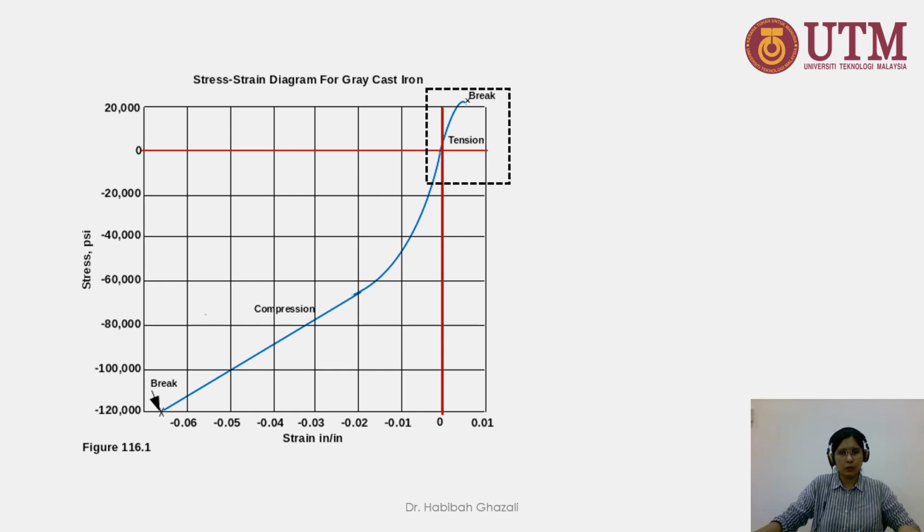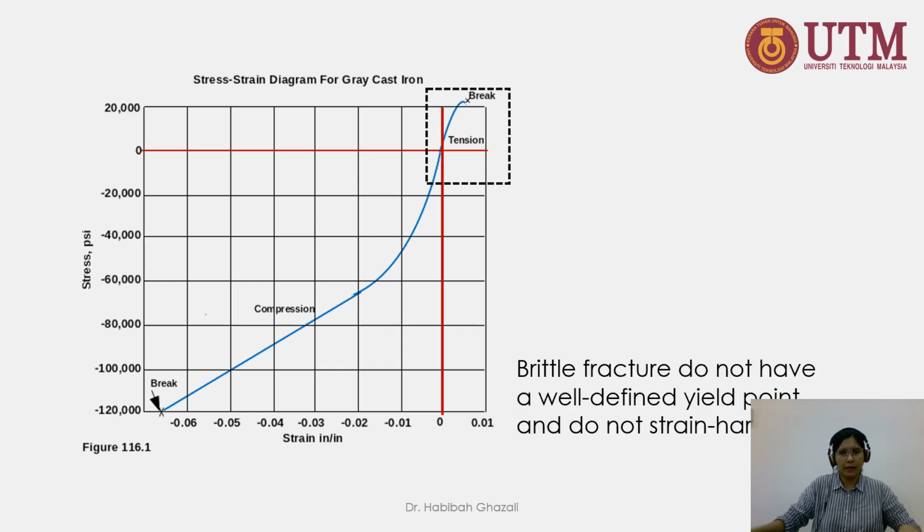When we load these materials in tension, they will not have a well-defined yield point, and you also cannot see any strain hardening region. Once it has reached its ultimate strength, it will break straight away. This is the characteristic stress strain curve of brittle materials.